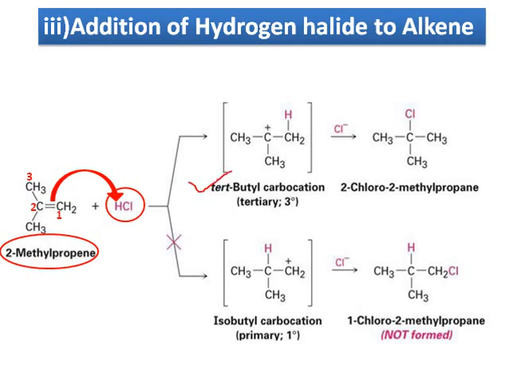Now if the hydrogen atom is added at carbon 1, then positive charge will occur at carbon 2, and we get tertiary butyl carbocation. Similarly, if the hydrogen atom is added at carbon 2, positive charge will occur at carbon 1, and we get isobutyl carbocation.